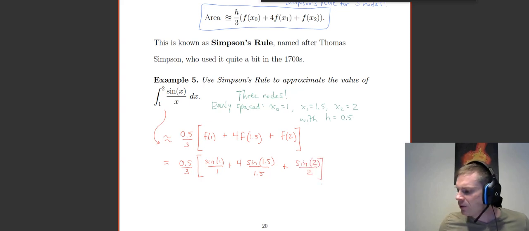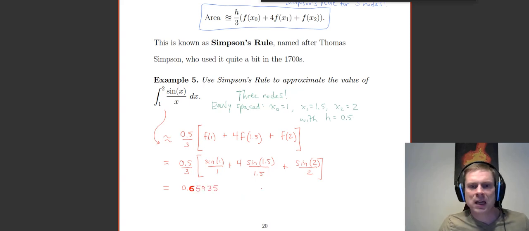And if you key this in really carefully and you work it all out, I think in the end this gives an answer of about 0.65935.